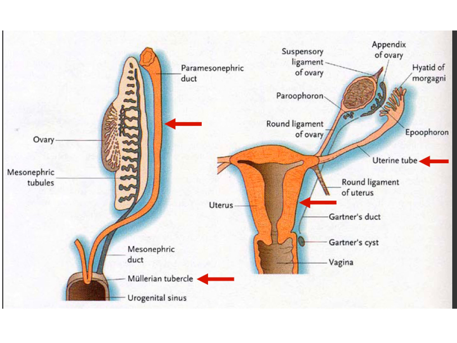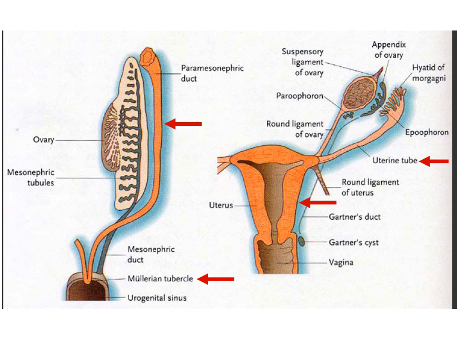So sometimes in the female, if we are doing surgery and we find a rudimentary non-functional part like this, we should not worry. This may be the remnant of the mesonephric duct. Okay?